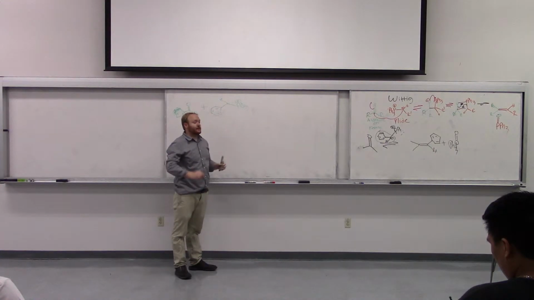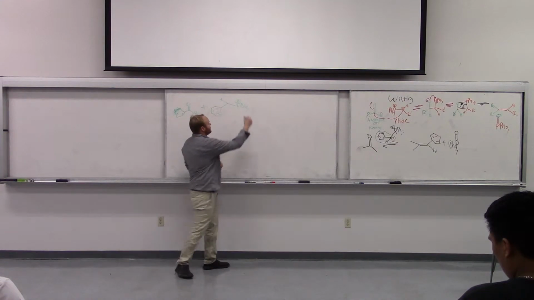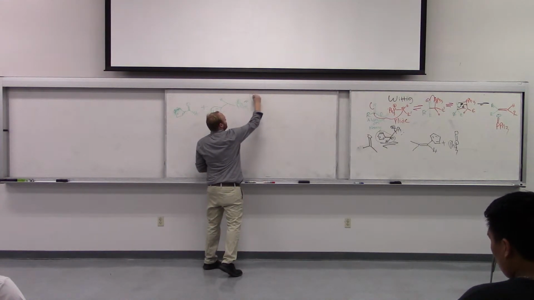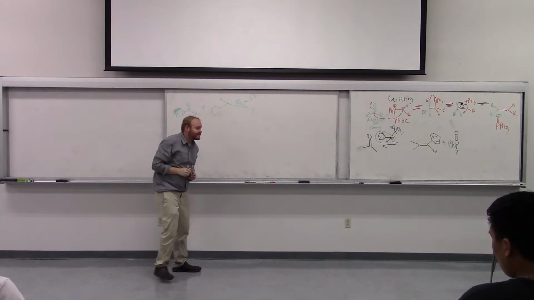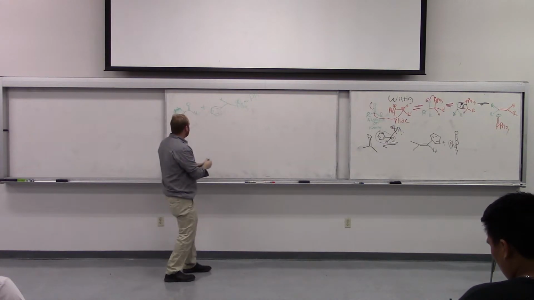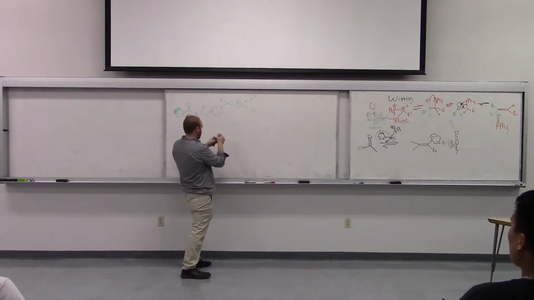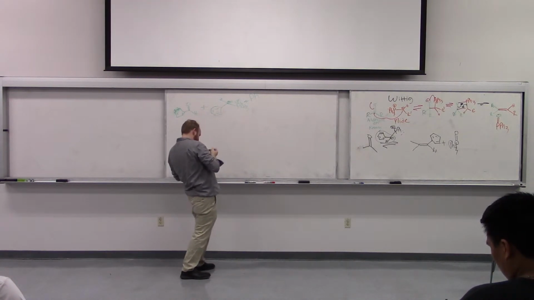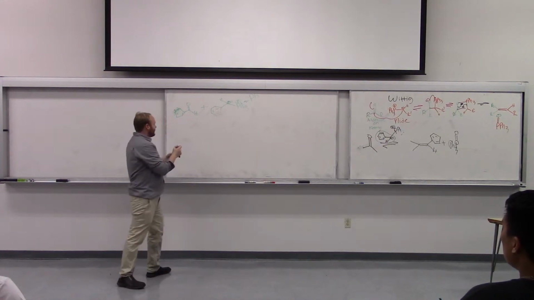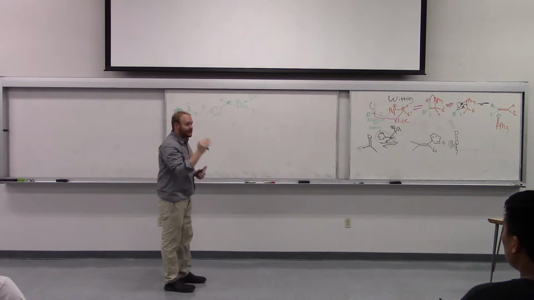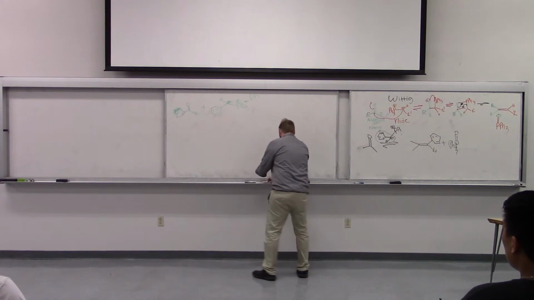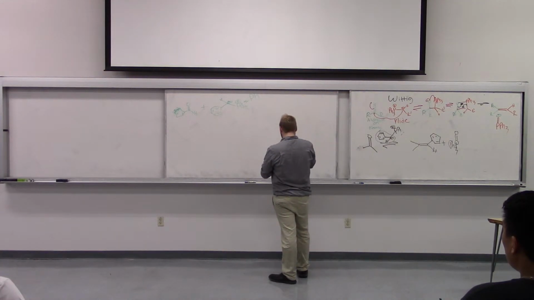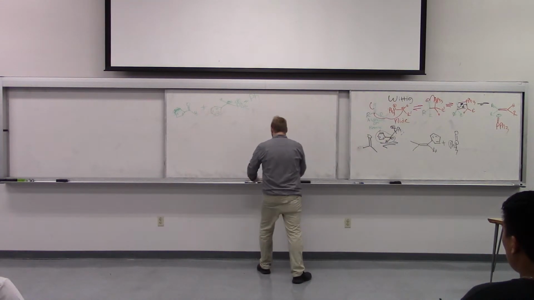If I draw a circle with a cross in it, a psi, that's a phenyl group, that's a Ph. So that's a phenyl group. And of course we have a minus charge here. So by using this, we can get two products out.